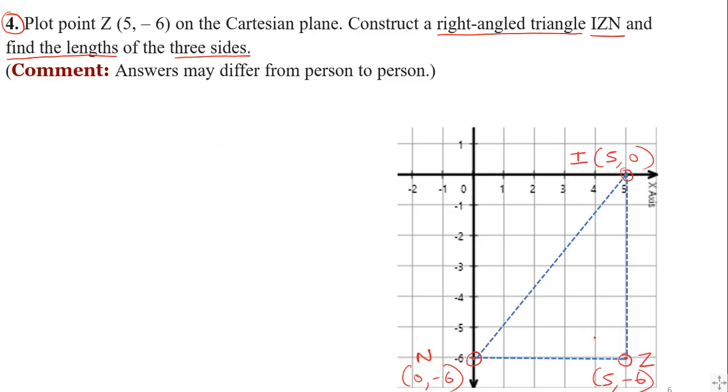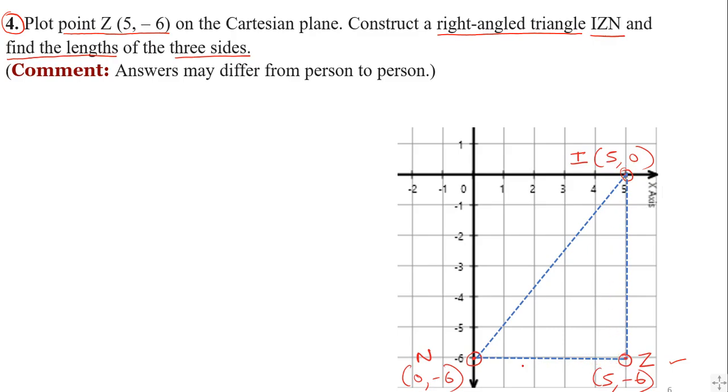So now we have to first plot this Z point. As per the coordinates I have taken 5 comma minus 6, and then we have to draw one line towards the y-axis and one line towards the x-axis. So we will name this point as I point, and the coordinate will be x is 5 and y is 0 because it is on the x-axis.